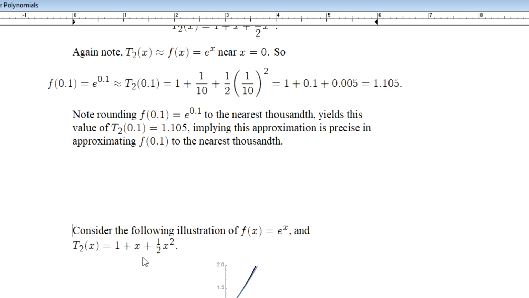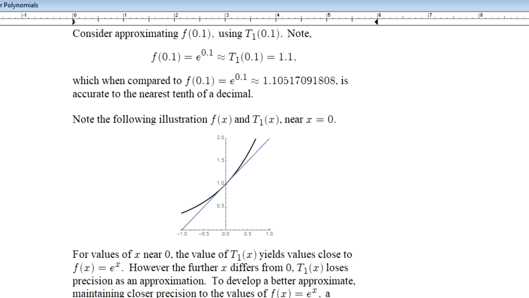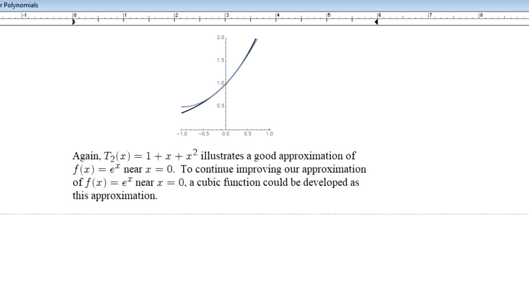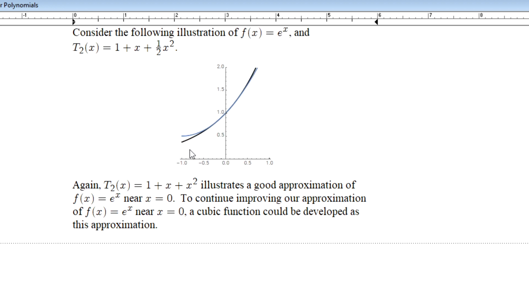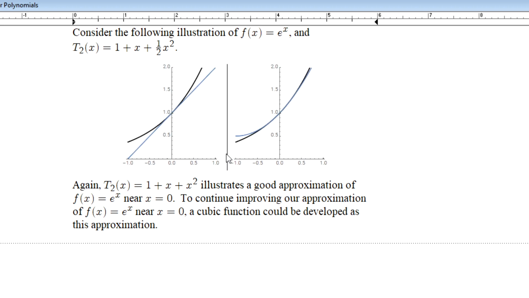we can see that increase in precision. If I bring down this graph just to compare the two side by side, the linear graph is the first graph. The quadratic approximation is what we developed here, and notice the scale has not changed in these graphs, folks.